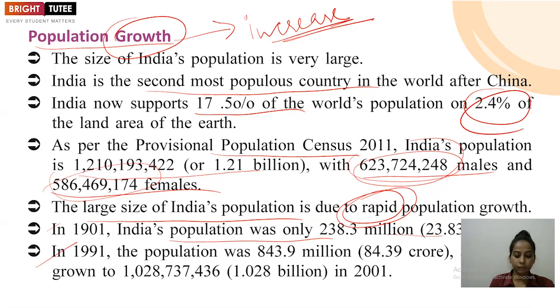In 1991, after about 90 years, the population was 843 million, or 84.39 crore, which further grew to 1.028 billion in 2001. So we have seen what the population was in 1901 and what it later increased to.